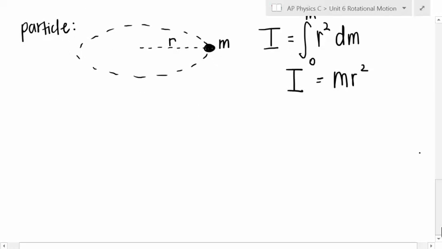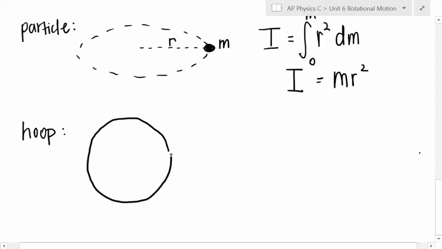Now, if we take that particle, so imagine that particle is like a lump of clay with a mass m, and we make it into a long, skinny snake. Remember when you played with Play-Doh? You can take that mass and make it into such a long, skinny snake that you can actually make it have a circular shape.